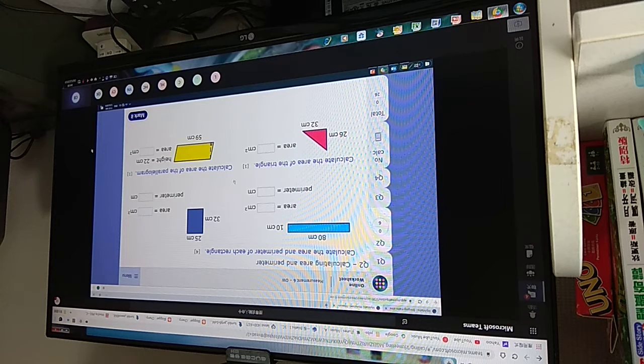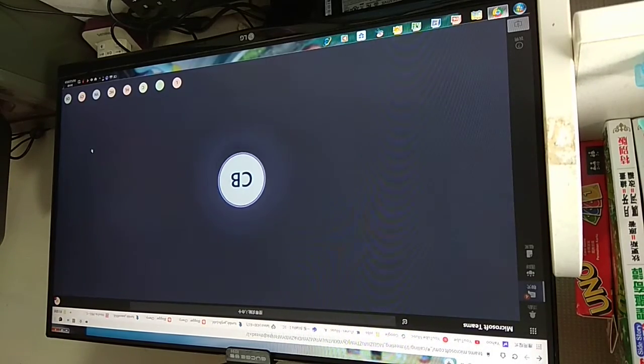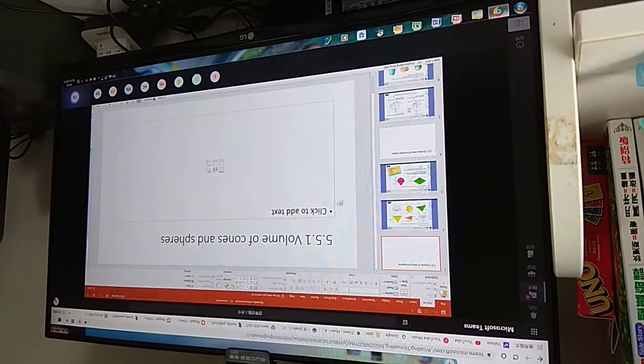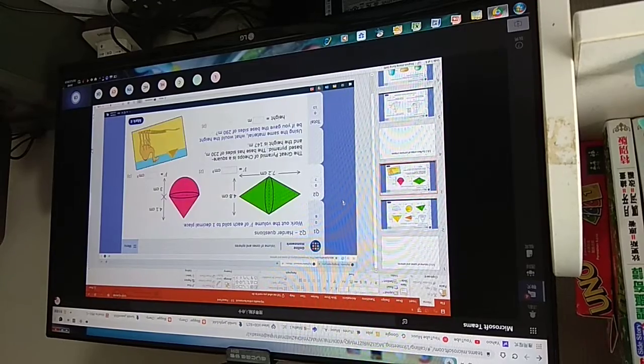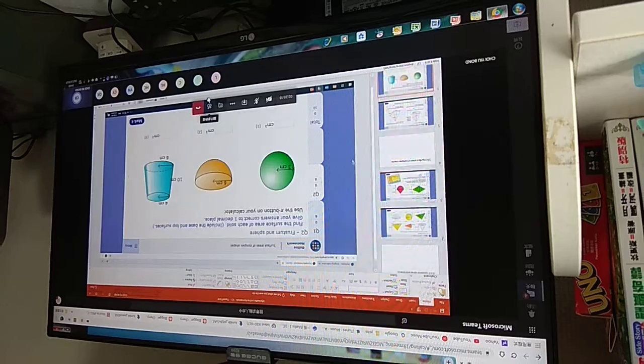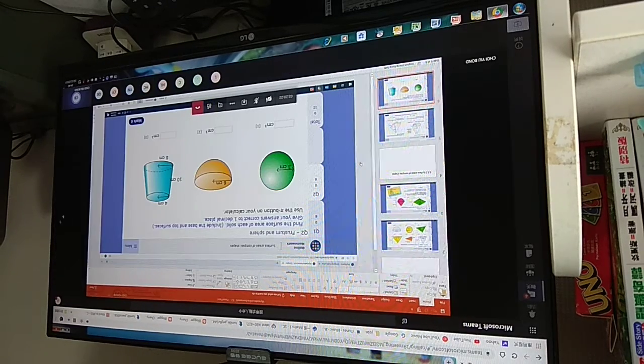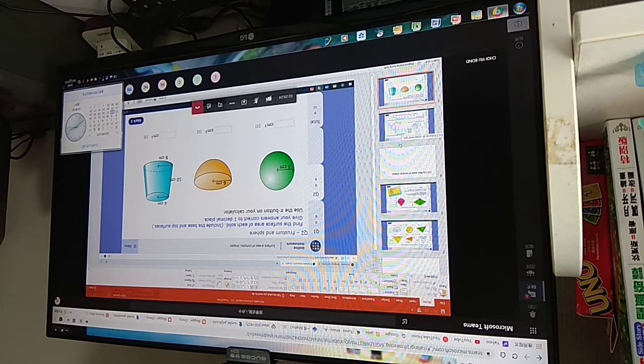So I share the screen. For the 5.5, it is this one. Okay, you can see that actually 5.5.1 and 5.5.2 are the same as 5.4.5 and 5.4.6.